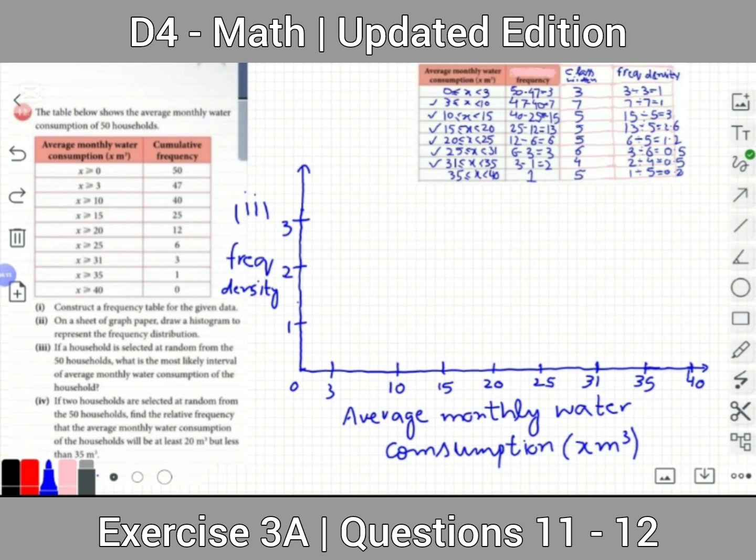So for the class interval 0 to 3, we will draw a bar of the height 1.